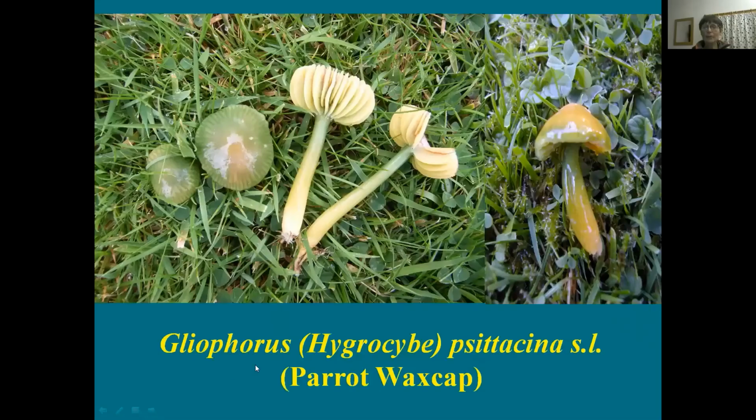And this is the parrot waxcap. It can be very bright green, and then it fades to quite bright yellow, and sometimes it has pink tones as well. And that's really why it's called the parrot, for all its wonderful colours. It's another very slimy one. And although it looks a little bit as though they're running down, where these are also tucked up, if you look at this one, you can see that the gills are heading back up towards the cap itself.